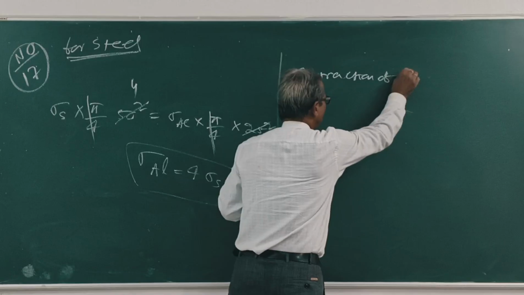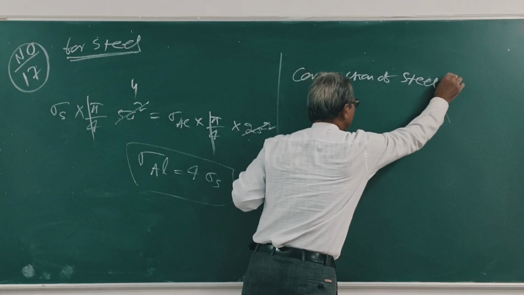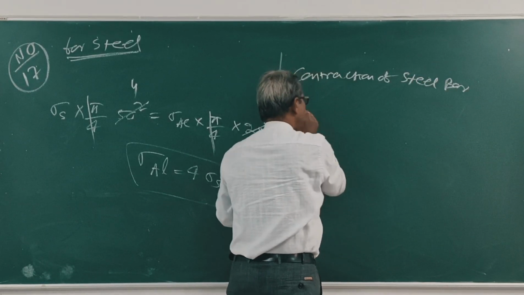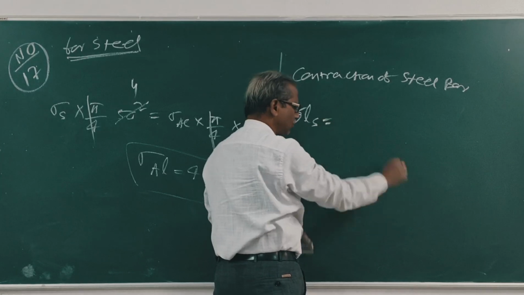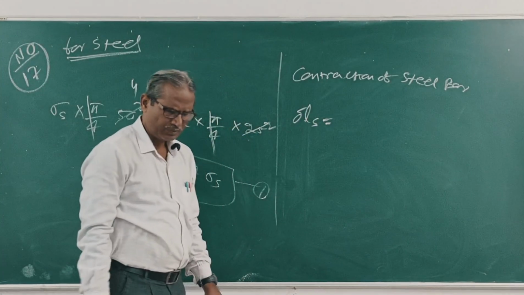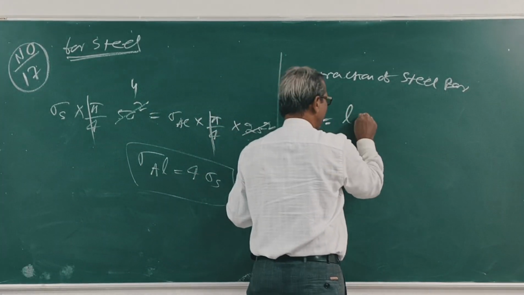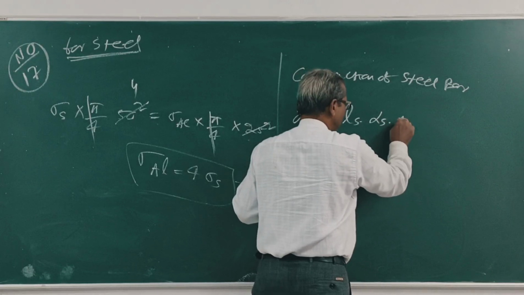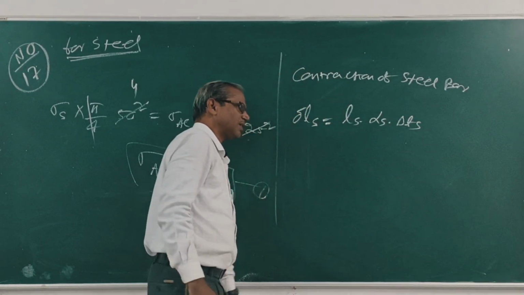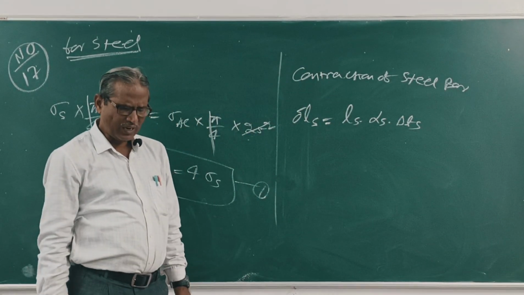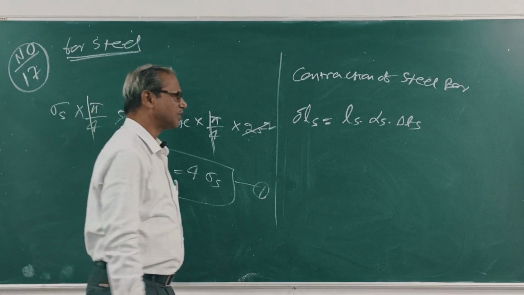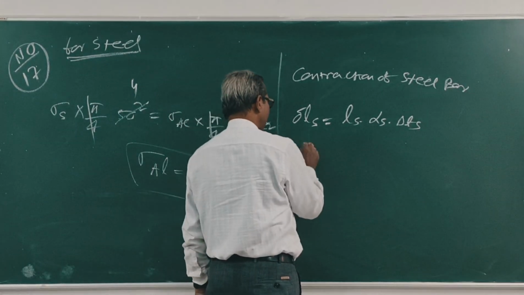Delta LS is equal to LS alpha S delta T. Right? L alpha delta T. So this is delta LS.